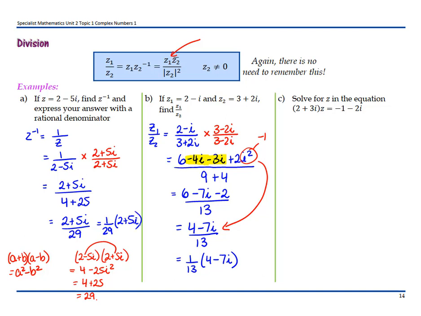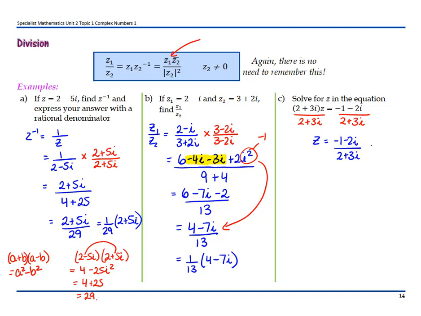Our last one, solve for z. We've got 2 plus 3i times z equals negative 1 minus 2i. If we need z on its own, we're going to divide both sides by 2 plus 3i. So we end up with z equals negative 1 minus 2i over 2 plus 3i.